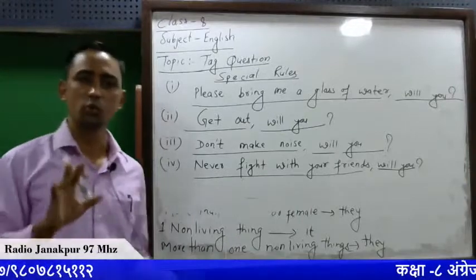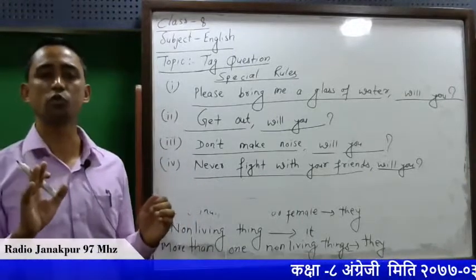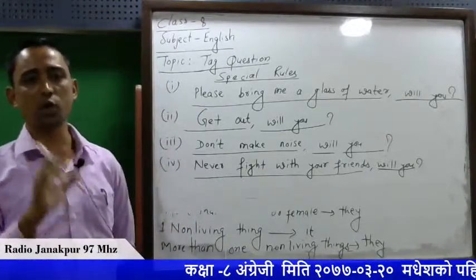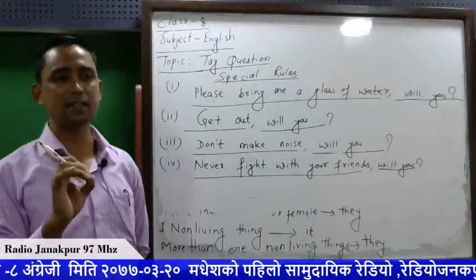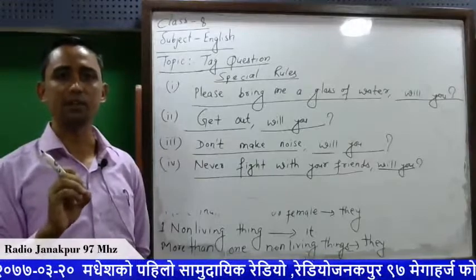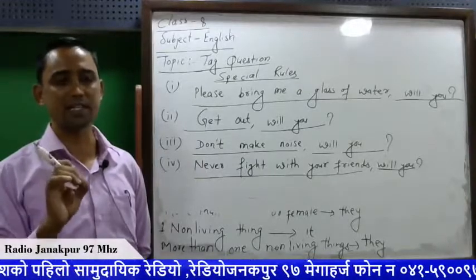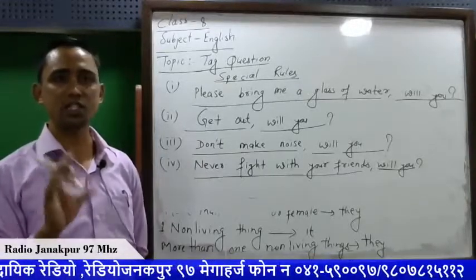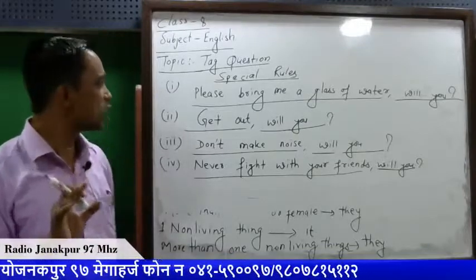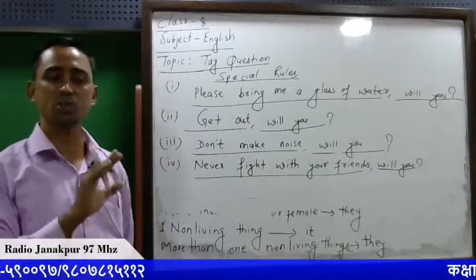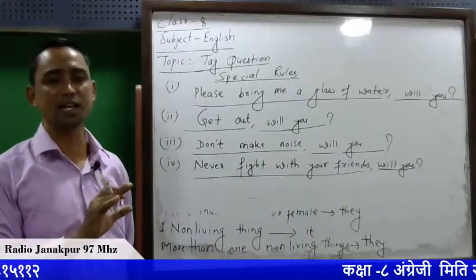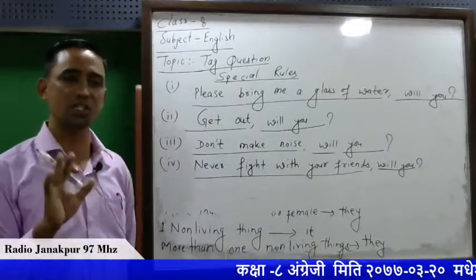Dear students, we have very few minutes now, so let's recall what we have studied today. First of all, we have started our grammar in class 8, and this is question tag. In question tag we have studied that if statements are positive, question tag must be negative, and if statements are negative, question tag must be positive.